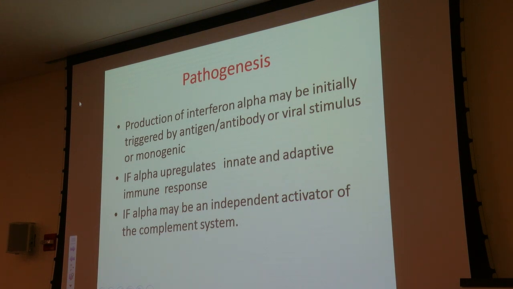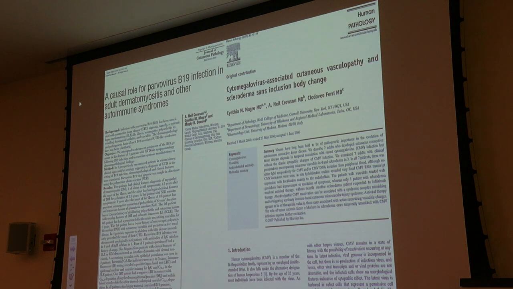And the other issue is, once we've established what the trigger is, then to look at how it actually activates complement. So over the years, actually many years, I've had an interest in endothelial tropic viruses and the propagation of autoimmune disease, including dermatomyositis, lupus, and scleroderma, focusing primarily on parvovirus B19 and cytomegalovirus.